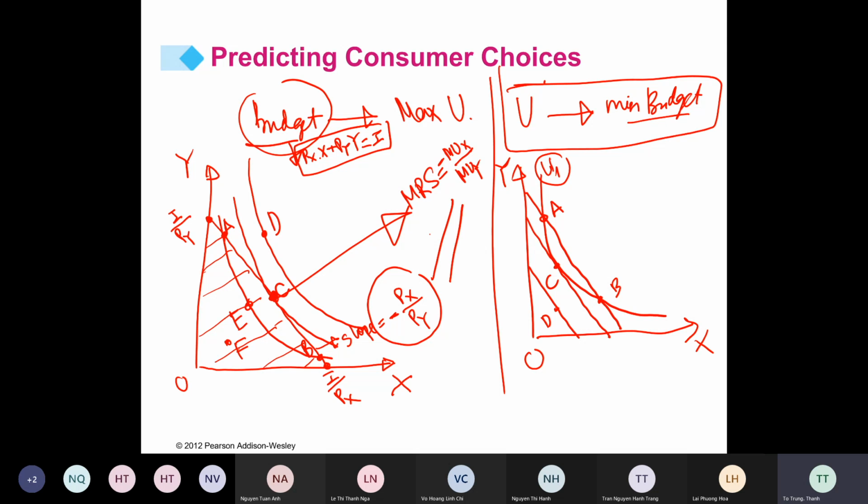How do we illustrate it in the figure in more detail? I want you to separate the total effect into two effects: one is the substitution effect and the other is the income effect.